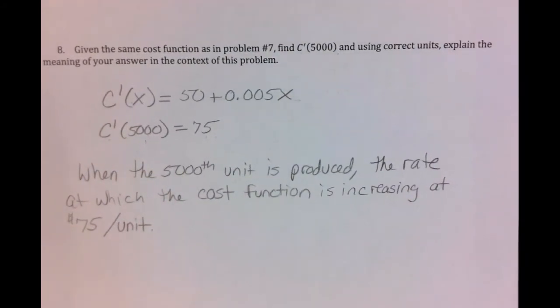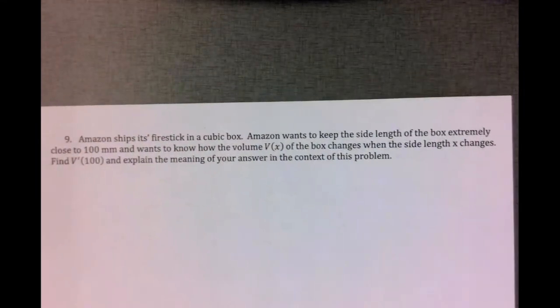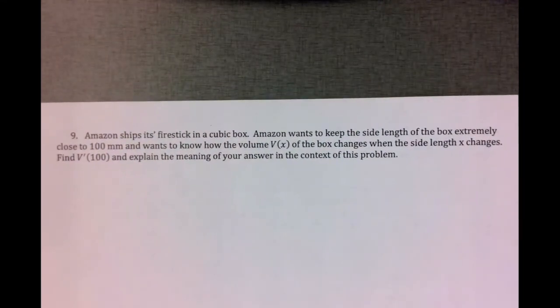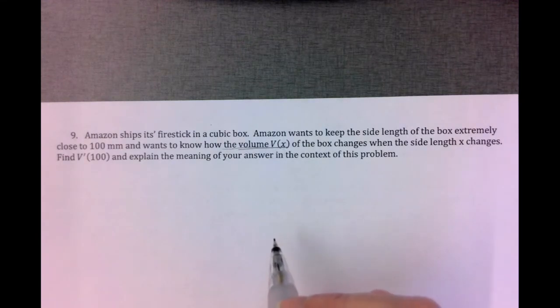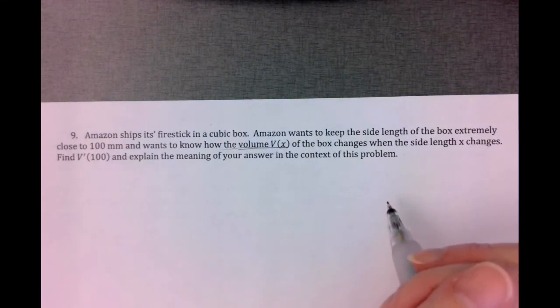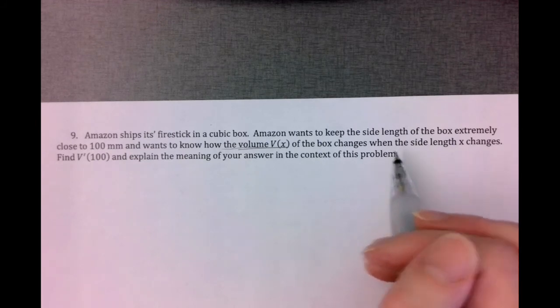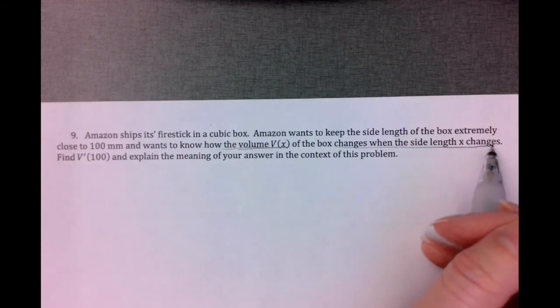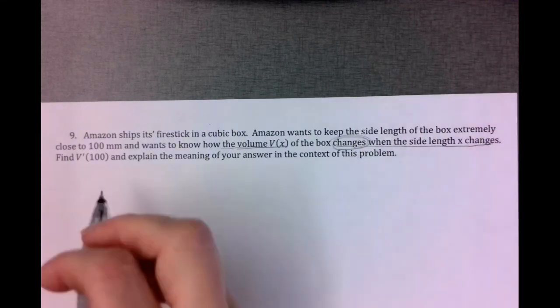In 9, take a moment, pause the video, and read it. We're talking about the volume, and it's wanting to know about the volume, how it changes when the side length changes. So if it's changing, then that means derivative. That means a rate. So I want to find V prime of x.